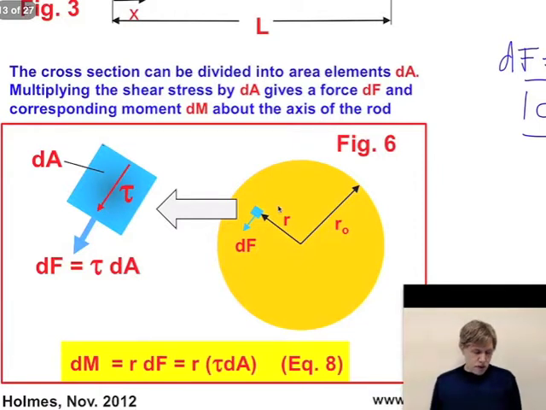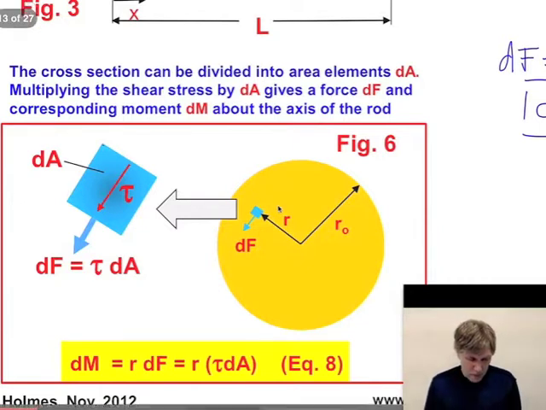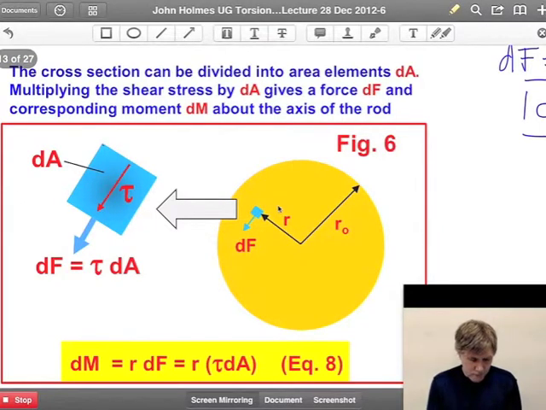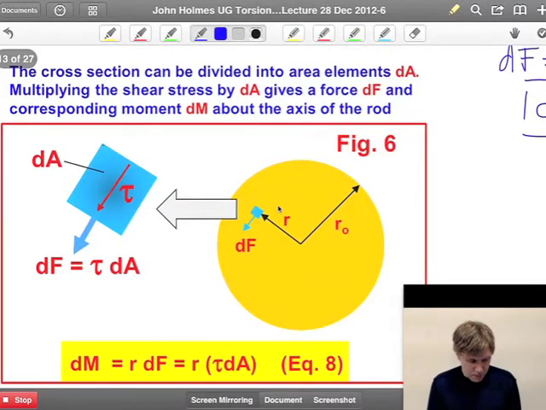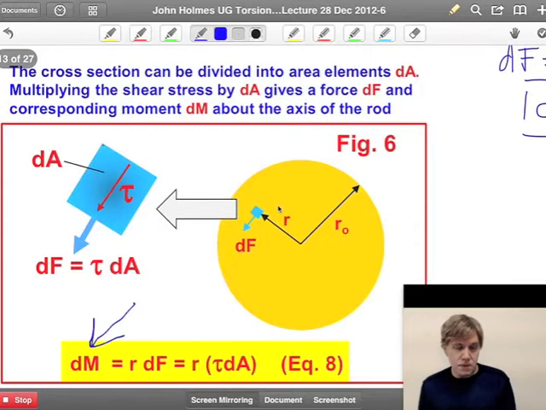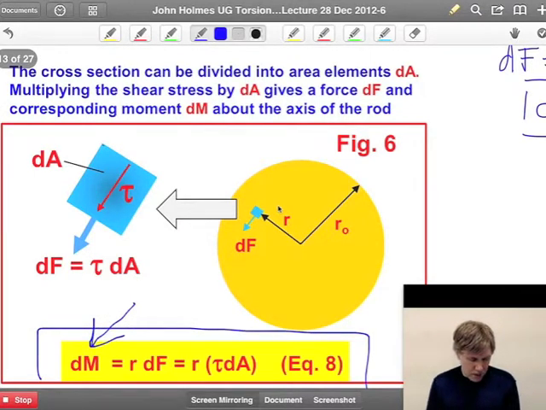Multiplying dF by the moment arm r gives us this differential moment dM. Let's call that expression 8. Here I've substituted back in for dF, which is tau dA.